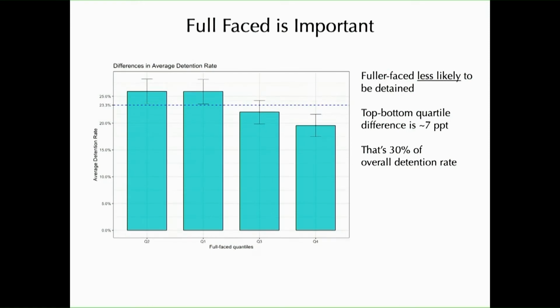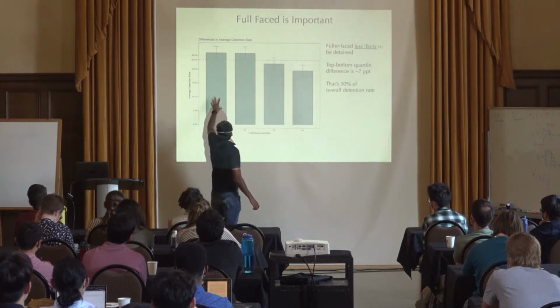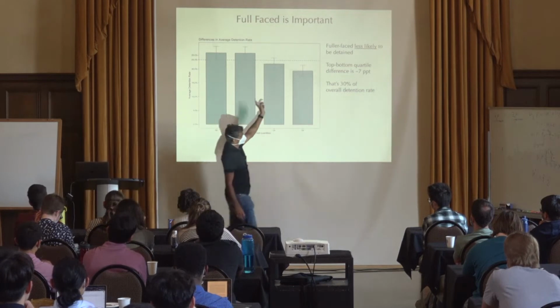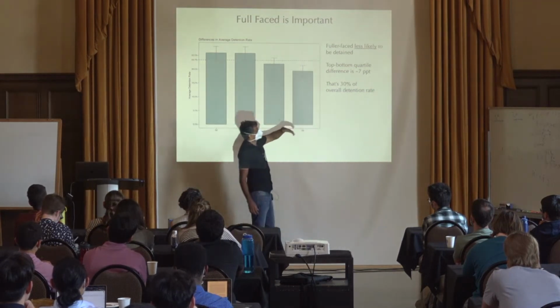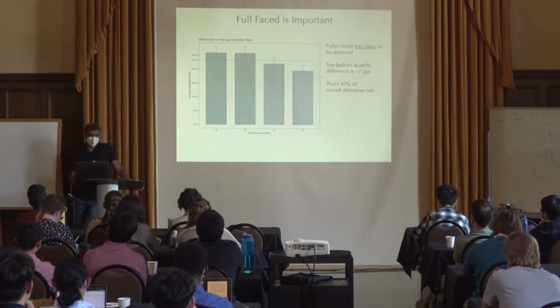Heavy-faced is equally important. These are the heaviest face defendants. These are the thinnest face defendants. The gap between the bottom quartile and the top quartile is about 7 percentage points. Again, about 30% of the entire detention rate, just by having a face that's thinner.